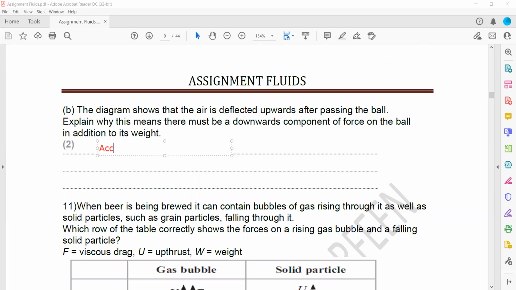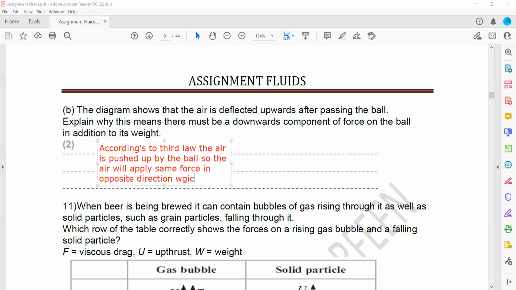So according to Newton's third law, the air is pushed up by the ball. So the ball will apply the same force on the air particles in the opposite direction, which is downward.